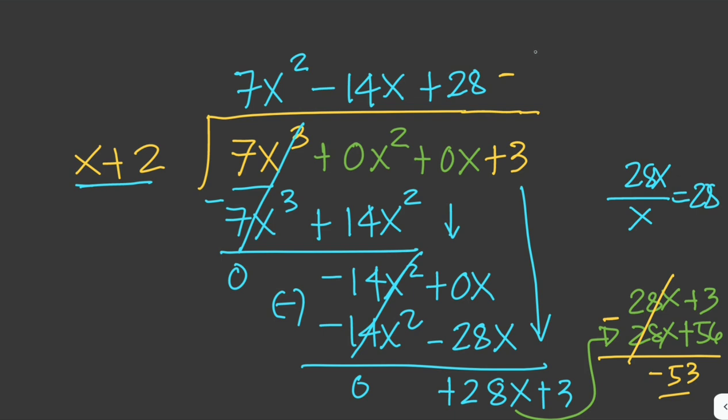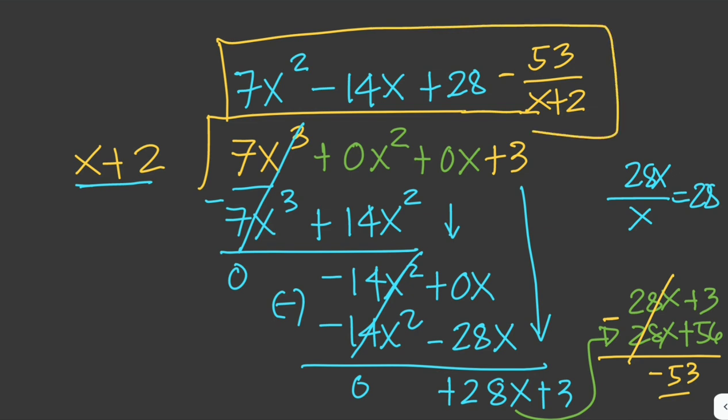Therefore, 7x cubed plus 3 divided by x plus 2 is equivalent to 7x squared minus 14x plus 28 minus 53 over x plus 2.